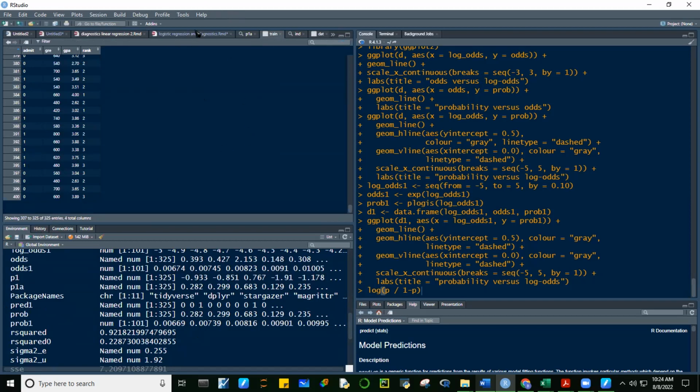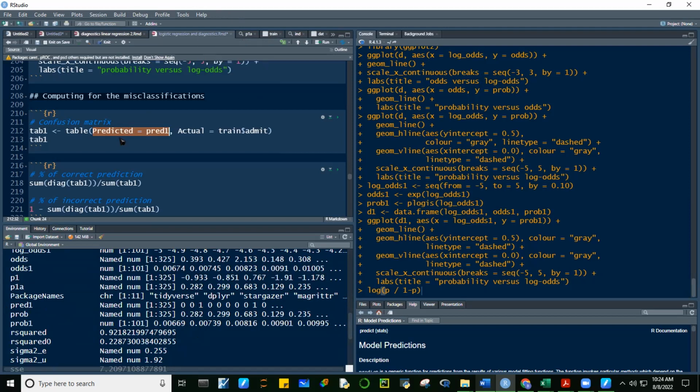So ang sabi natin kay R, gawa ka nga ng table. So on the x-axis, andyan si predicted. On the y-axis si admit, no? Then mag-cross tabulation siya. So let's run this.